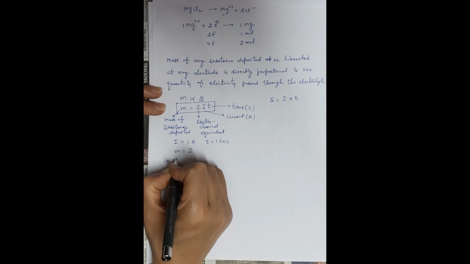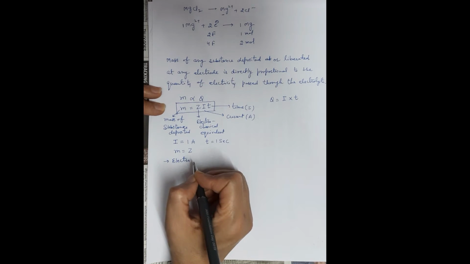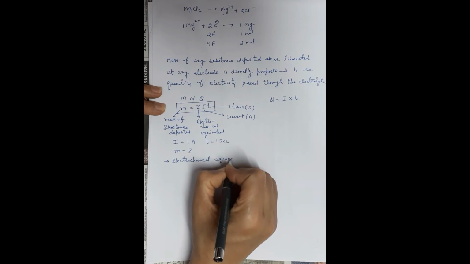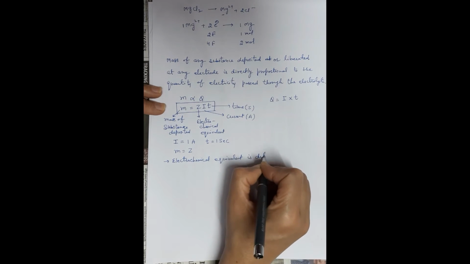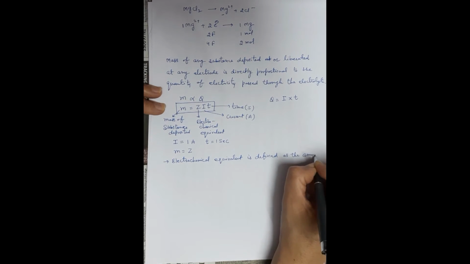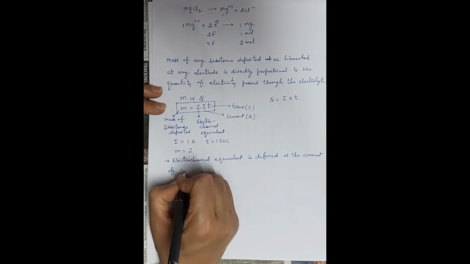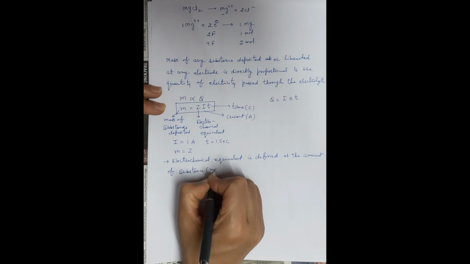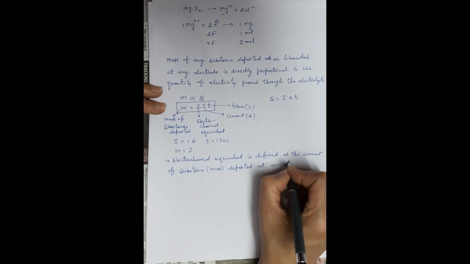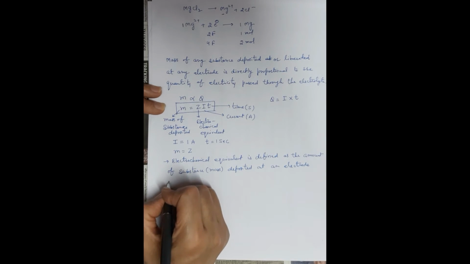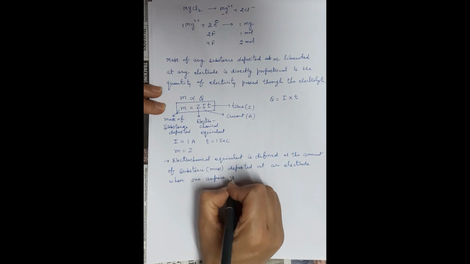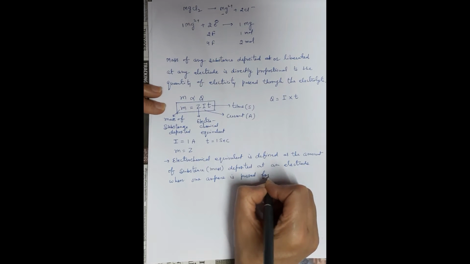Let's write down: electrochemical equivalent is defined as the amount of substance, which is mass, deposited at an electrode when 1 ampere is passed for 1 second.